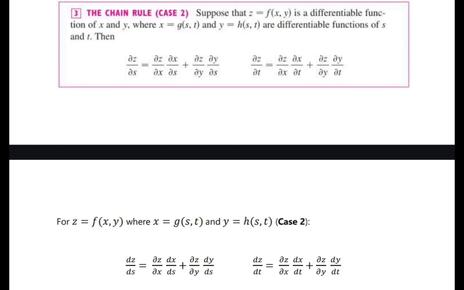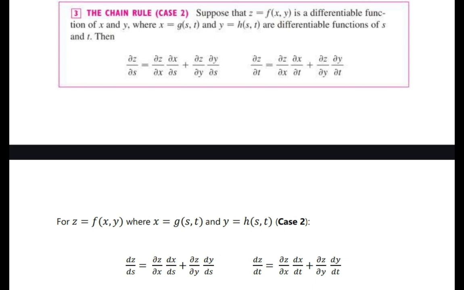Then the partial derivative dz/ds is equal to partial z over partial x times partial x over partial s, plus partial z over partial y times partial y over partial s.